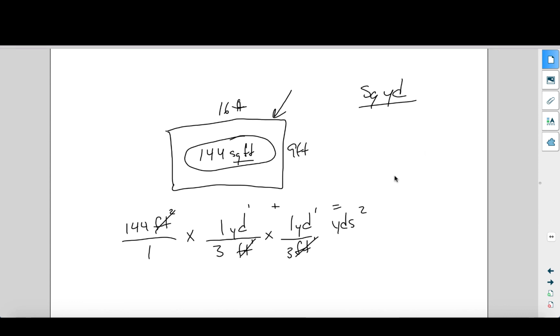So what am I doing? 144 divided by 1 times 3 times 3 on the bottom. That will give me yards squared. So it's all about setting up this kind of unit multiplying question.